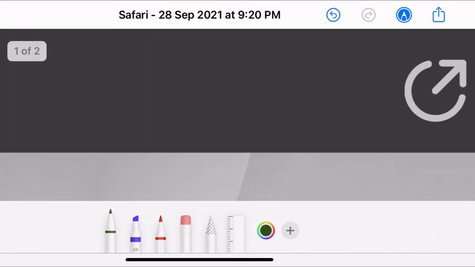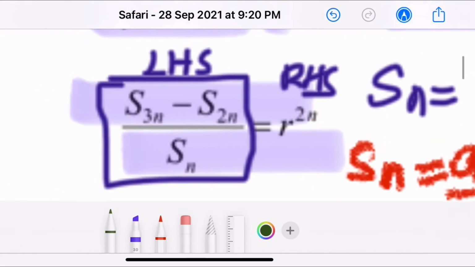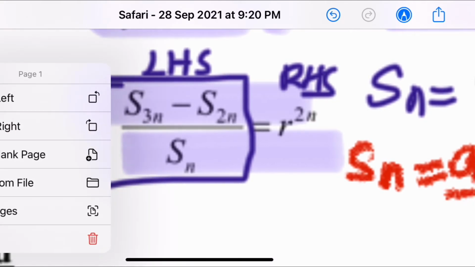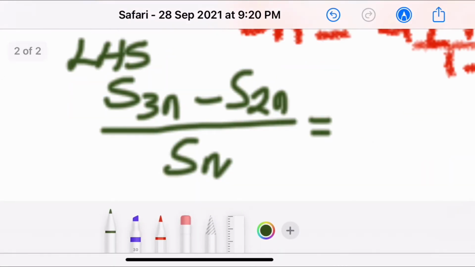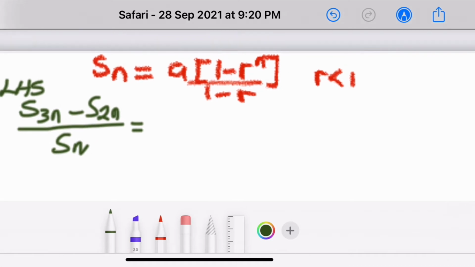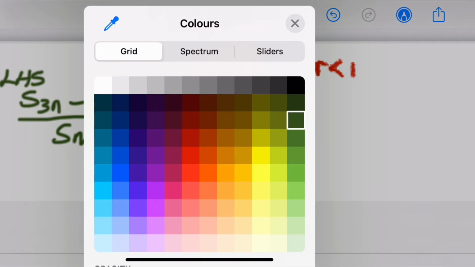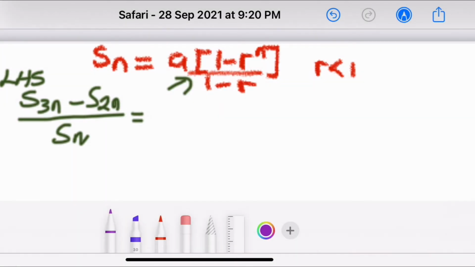The question is S3n minus S2n over Sn. We want to start from the left hand side and show that we can get the right hand side, showing the steps clearly. We are going to use this formula here. Let's do it together. I'm going to use a purple color pen to show you.